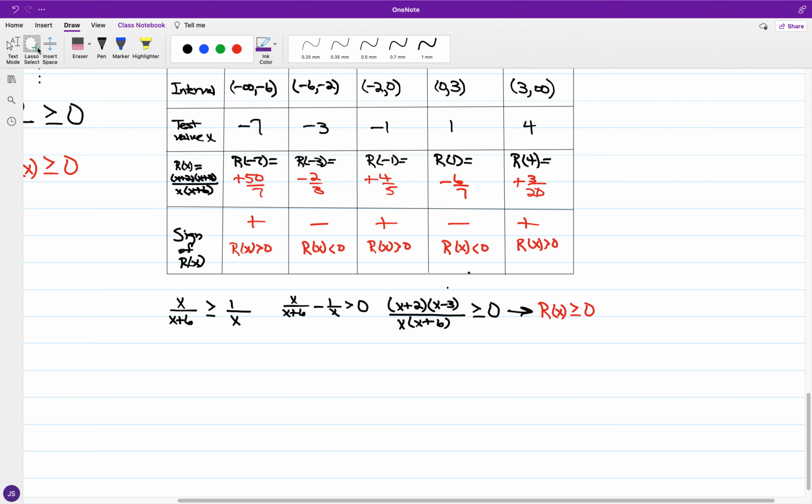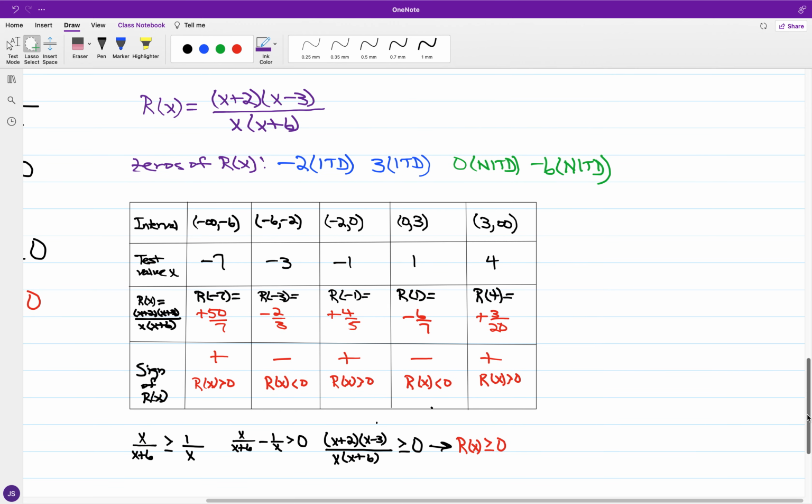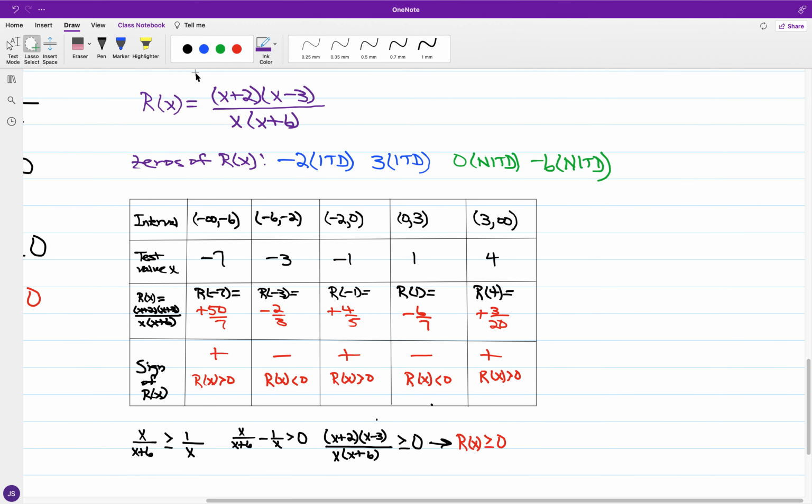You have r of x after the conversion of the inequality to one in comparison to 0. In line with r of x greater than or equal to 0, you have the same direction, that's where r of x is greater than 0.